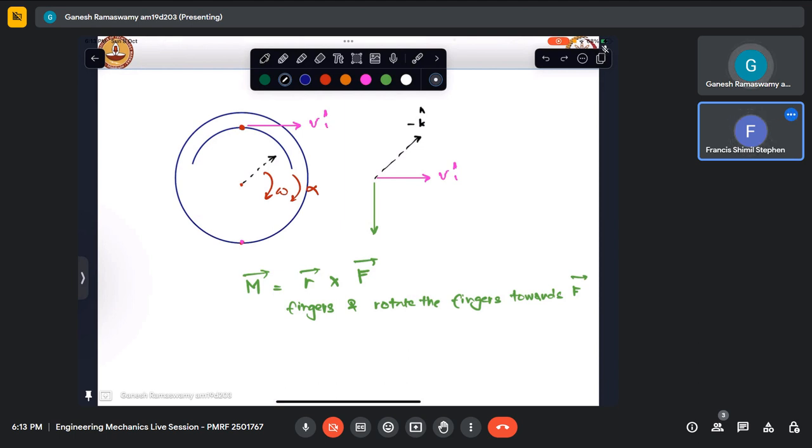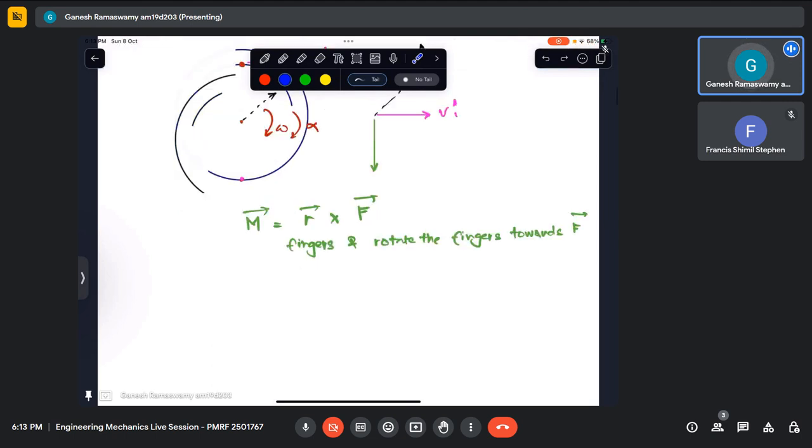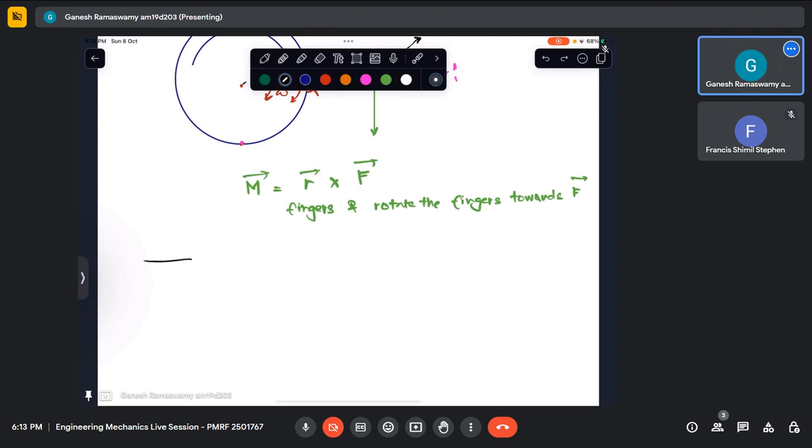No, okay. See, for taking this cross product, let me draw it this way. Let us say this is X, this is Y, and let us call this Z. Now let us understand from X cross Y equal to Z itself.